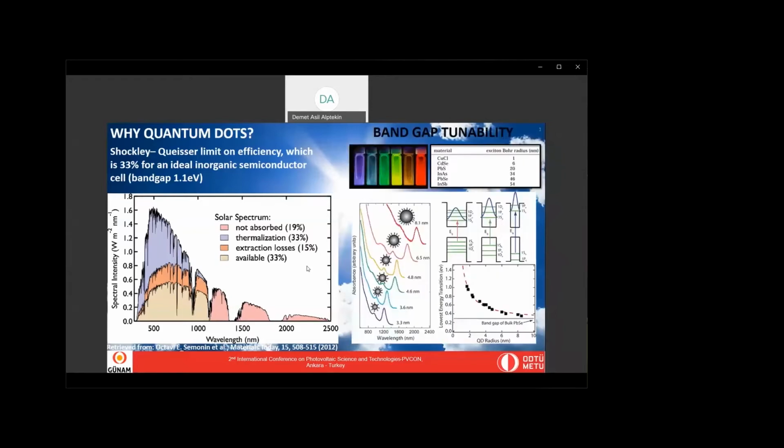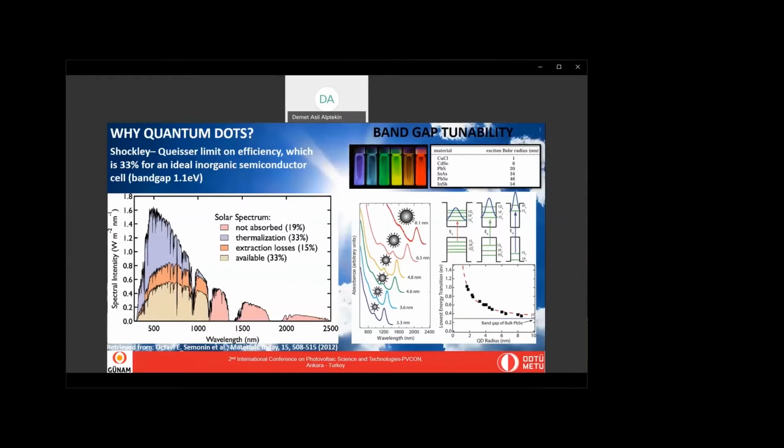And quantum dots offer some unique solutions to those loss mechanisms. First, their band gap can be tuned very easily, and the materials that have very large exciton Bohr radiuses are going to be the topic of our talk today. For example, let's say that quantum dots have a Bohr radius of 46 nanometer.